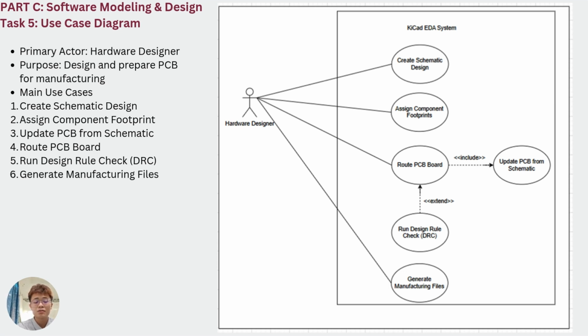The second important relationship is the extend relationship with the Run Design Rule Check, or DRC. This is optional because the designer can choose to run the DRC at any time during the routing process to detect issues such as unconnected pins or trace clearance violations. These relationships help to ensure that the PCB is designed correctly and is ready for manufacturing.